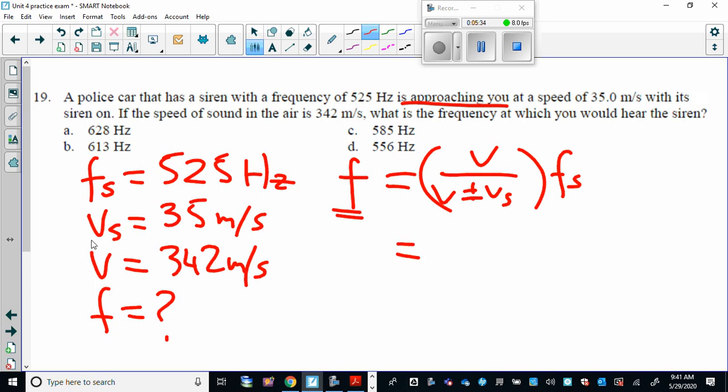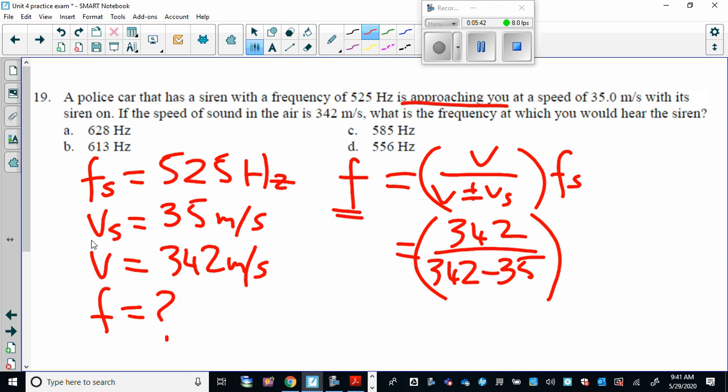You can see right here, if that was a plus, then the number at the bottom would be greater than 342, and 342 divided by a greater number is going to produce a number that's less than 1, and then when you multiply it by 525, you'll get a smaller number.